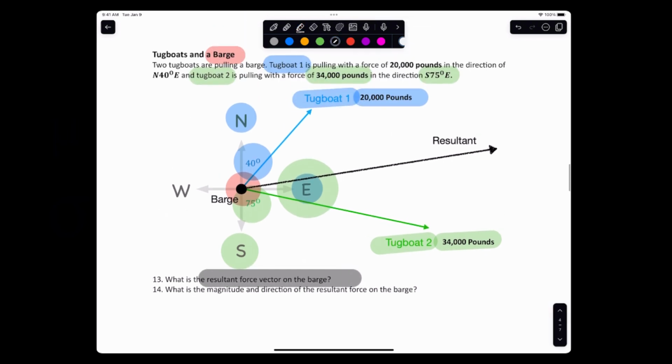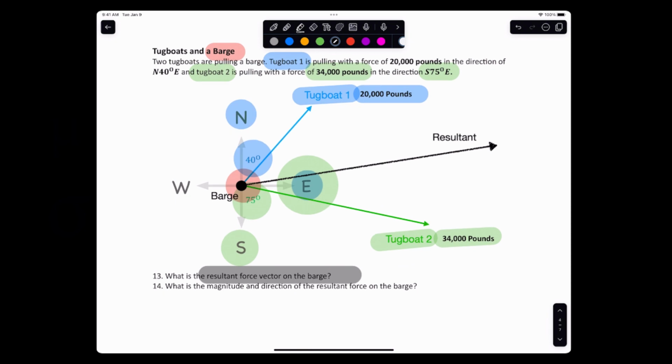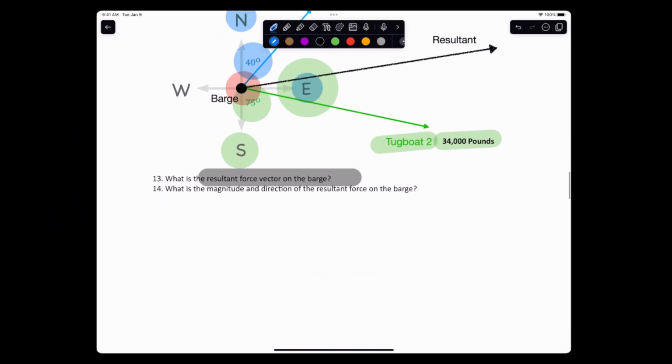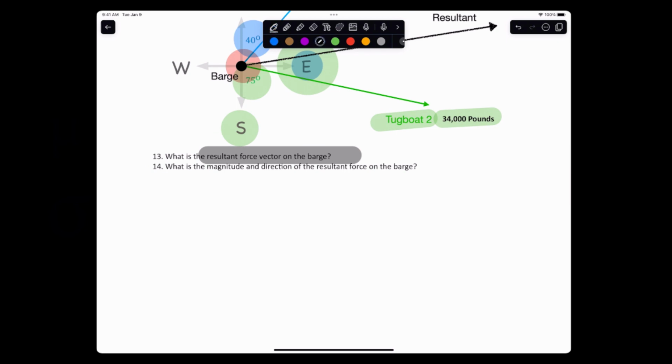So ladies and gentlemen, here's what you're going to need to do. The resultant force vector that they're asking for here, let me do this here, maybe T for tugboat force. We can do it a couple of ways. I can say here's the first tugboat, the first vector. Tugboat 1 plus tugboat 2, okay?